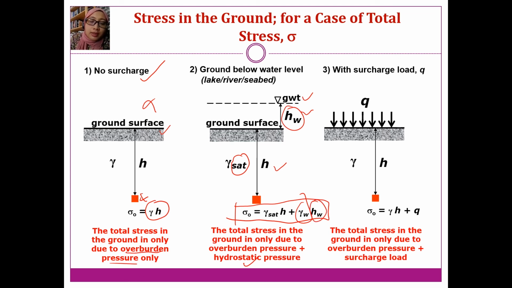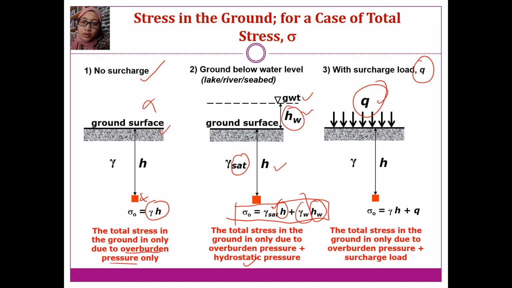For the overburden pressure, since it is in wet condition, we consider gamma saturated times H. And if you have the surcharge load, Q, it means you have an external loading on top of the ground surface, so we need to consider the surcharge load.